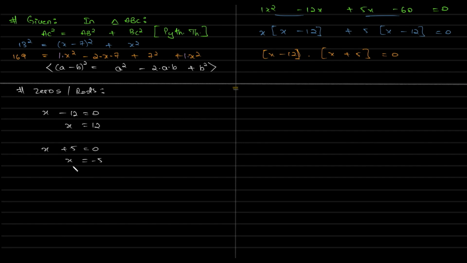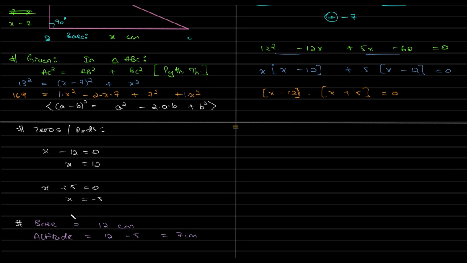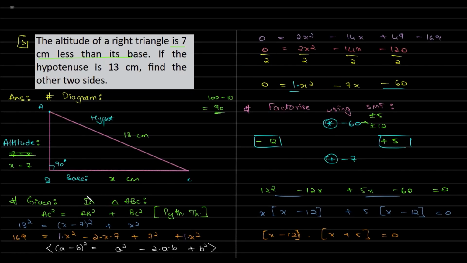Since length cannot be negative, the answer is: base length is equal to 12 centimeter, because we assumed base to be x. And the altitude is 12 minus 7, which is equal to 5 centimeter. Quite simple calculation. People who want to pause, please do so now.